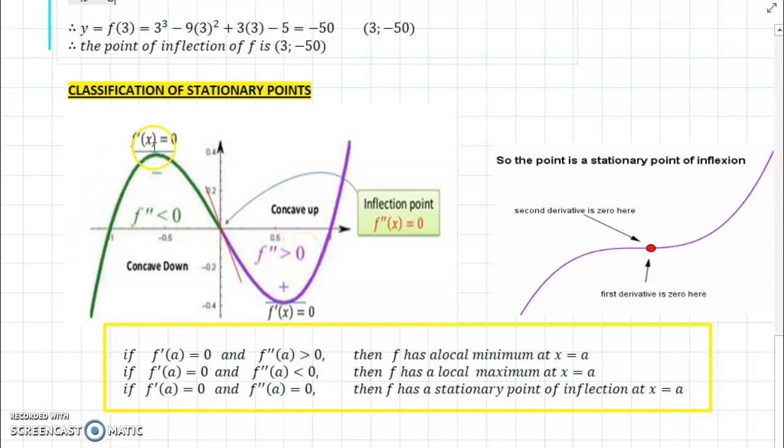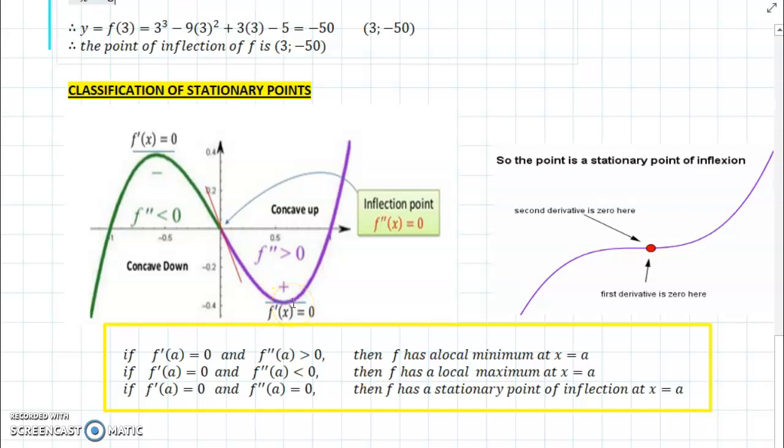So you can see concave down has a maximum, concave up has a minimum. And we call these local maximum and local minimum. If we continue with this graph further, there are obviously maximum points going on and on. But this is a local maximum, local to this graph, and a local minimum.